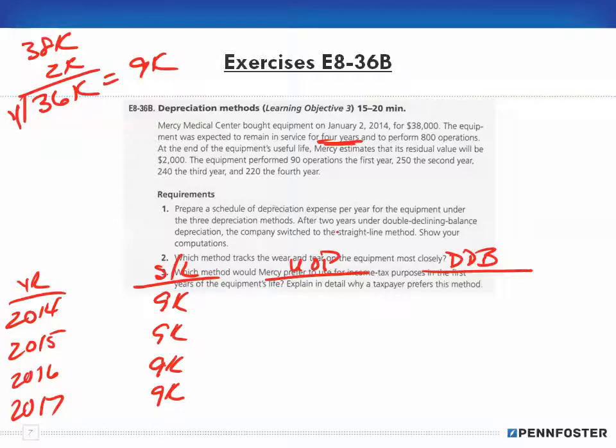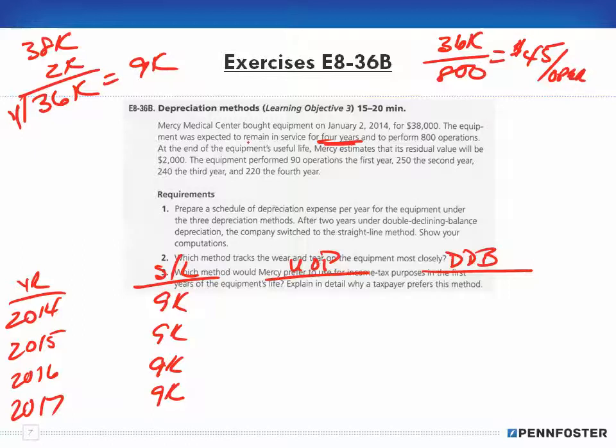Okay, for units of production, we have to take the same 36,000, and we're going to divide it by 800 units, which gives us $45 per operation.